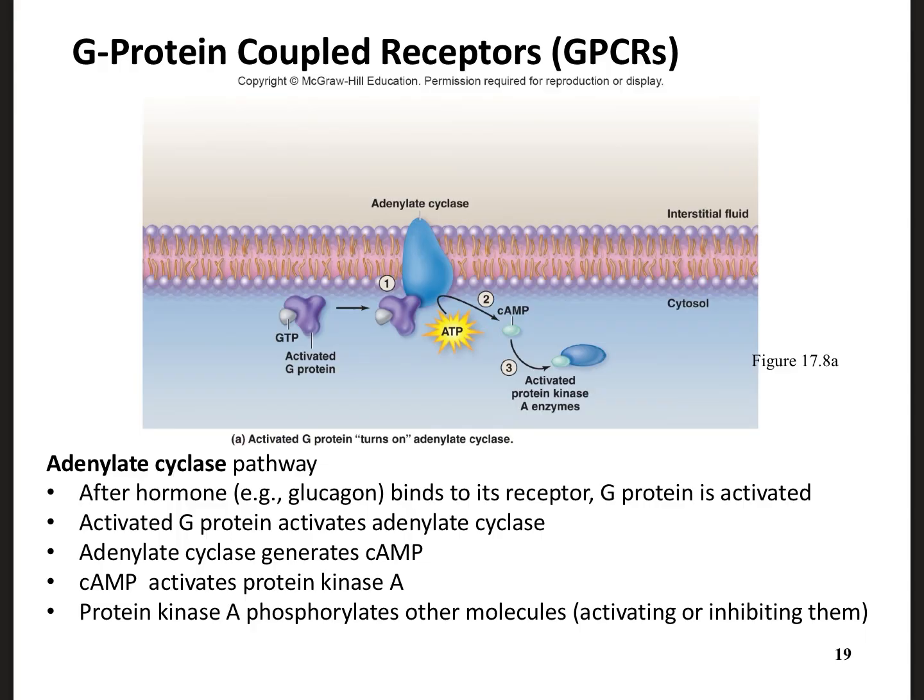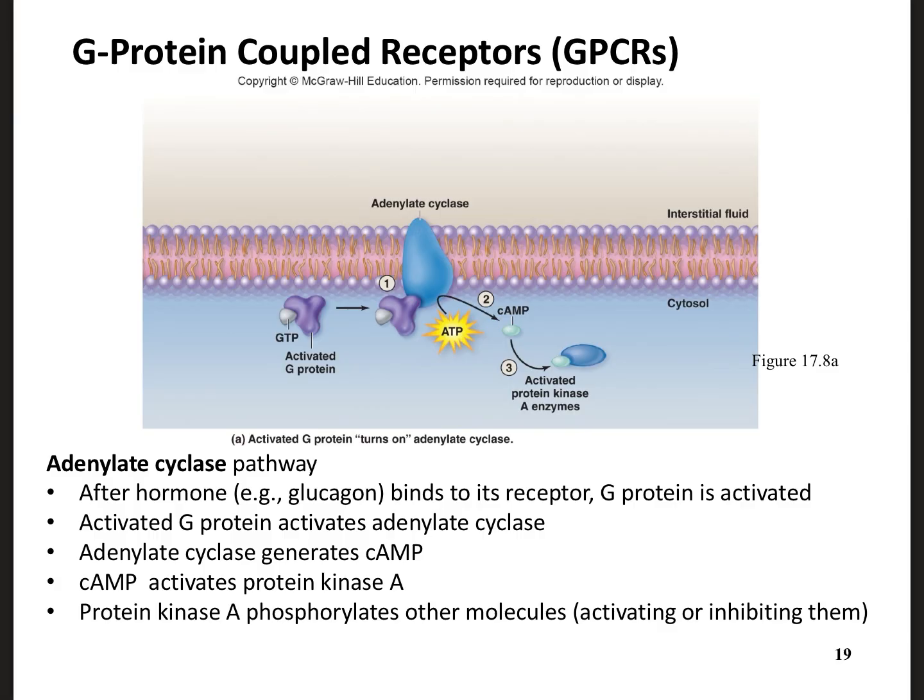Here's an example of them. All right? Adenylate cyclase. Adenyl cyclase, as I learned it. Okay? AC. That is an enzyme that converts and produces lovely things like cyclic AMP.